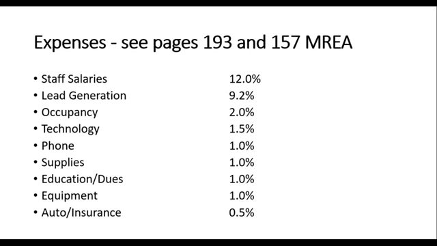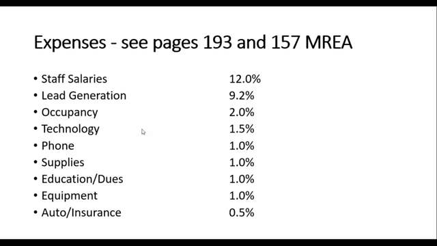So Tony DeCello and I actually had a conversation about this just yesterday. And what we're saying is, until the new book comes out in print, we're going to default to what Gary has been teaching us. We're always going to default to the MREA unless Gary has said, for sure, no matter what, this is not going to change, this is what we're going to use. So for the sake of this course, we're just going to use the numbers right out of the MREA book. So let's keep going and we'll go to the next slide.